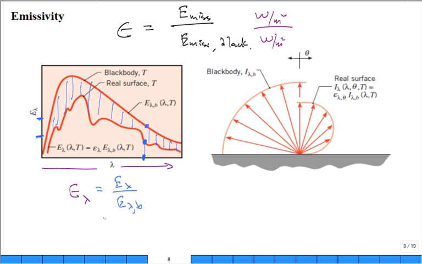And so what are we showing over here? So this is the spectral characteristics of the emissivity as a function of wavelength. What is shown on this half? It's the angular, the directional. So the spectral and then the directional characteristics of the emissivity.